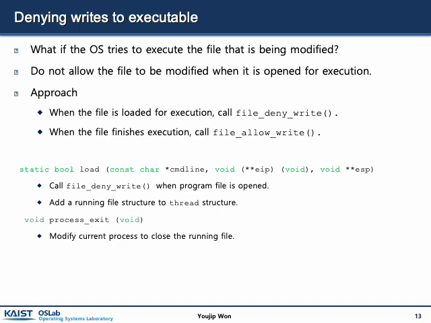So when the file is loaded for execution, please call file_deny_write, and when the file finishes execution, please call the file_allow_write function. In the load function, where the file is loaded for execution, please call the file_deny_write function when the program file is opened. And in the process_exit function, where the file finishes execution, please modify the current process to close the running file.